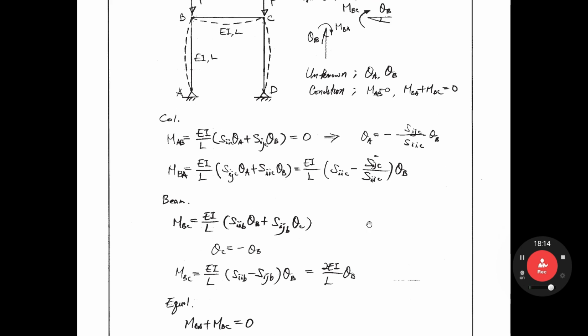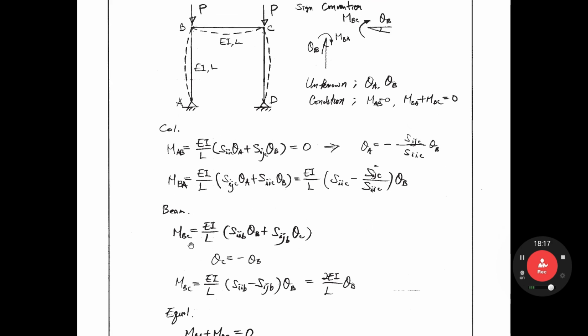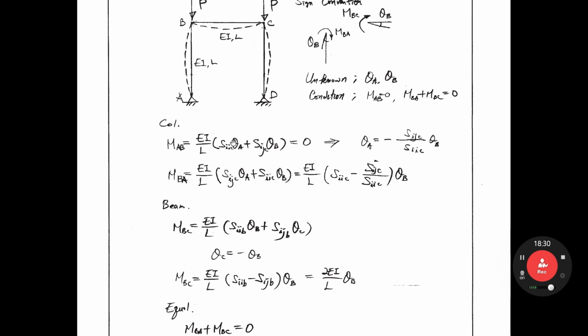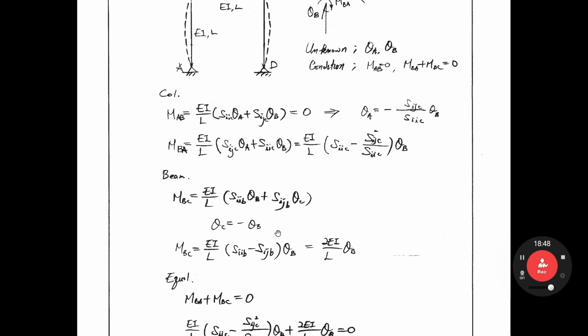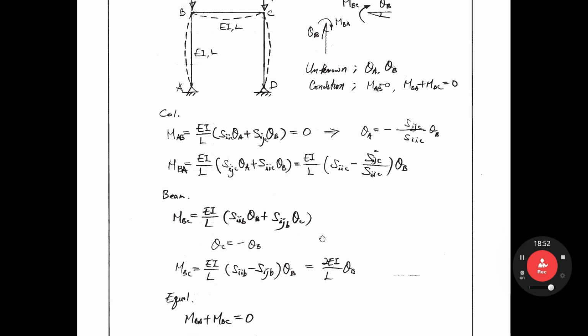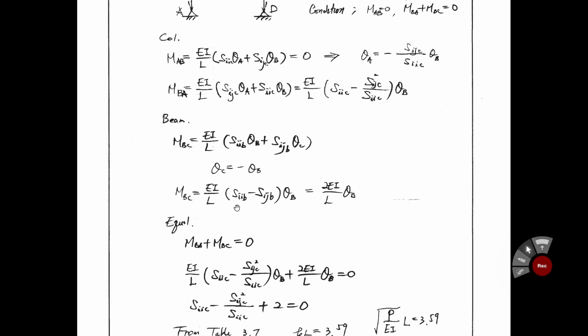And let's look at the beam, this one. MBC equals EI over L times SIIB theta B plus SIJB theta C. B means beam. As I mentioned before, theta C equals minus theta B because it is symmetric. So if you input theta C here, then you get MBC equal to this equation, and for this beam case SII is 4, SIJ is 2.